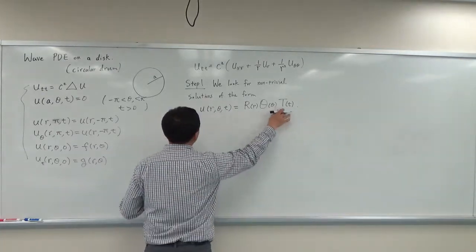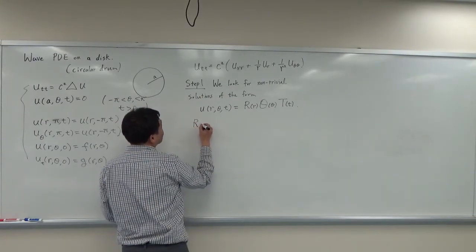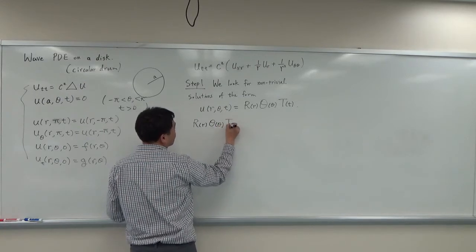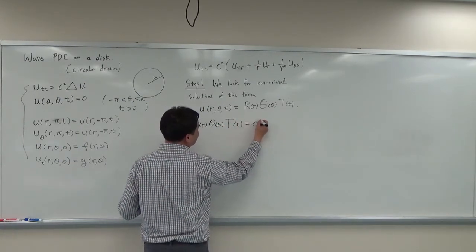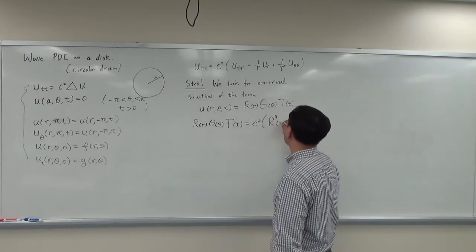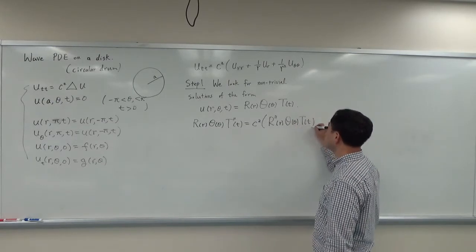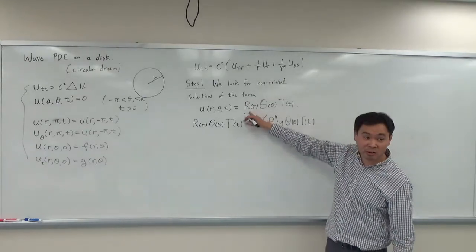So if I plug this in, on the left side I get R of r, Theta of theta, T double prime of t, equal to c squared times R double prime of r, Theta of theta, T of t. This is just by plugging in here. You're differentiating twice by r, so only R gets differentiated.